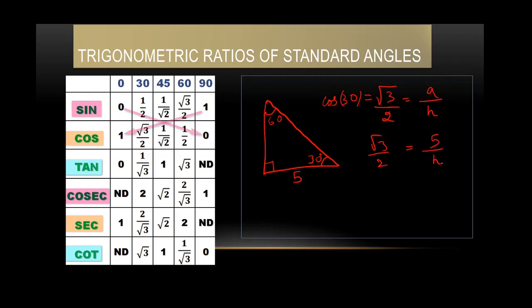Let us take the reciprocal on both sides, so it will be 2 by root 3 is equal to h by 5. So the hypotenuse is equal to 5 into 2 by root 3, which is equal to 10 by root 3. So the hypotenuse is 10 by root 3 units.